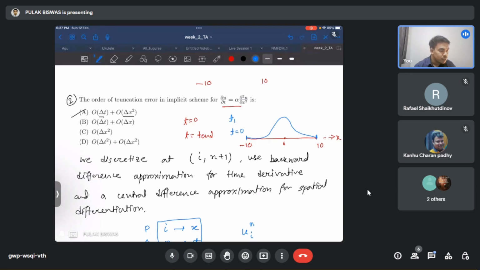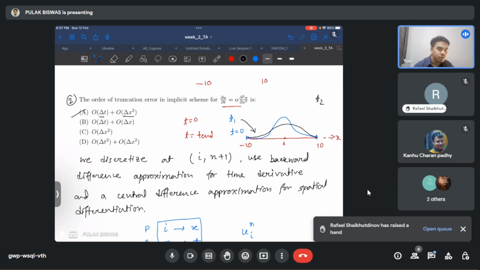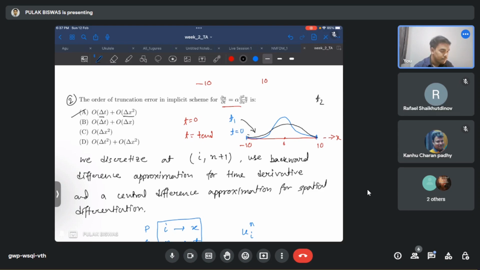So if you solve that, you will find that this type of solution will be coming for this t1. Again, if you take another time t2, it will decrease.